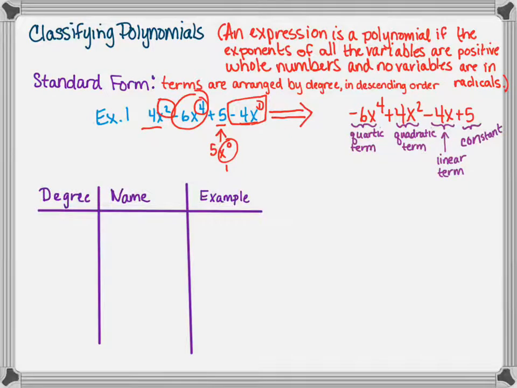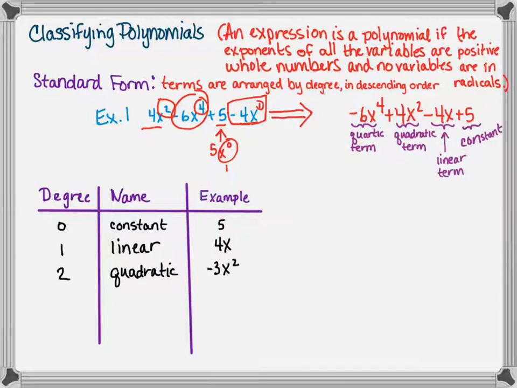In table form, a term with degree 0 is a constant, for example, 5. A term with degree 1 is a linear term, for example, 4x. A term with degree 2 is a quadratic term, for example, negative 3x squared.